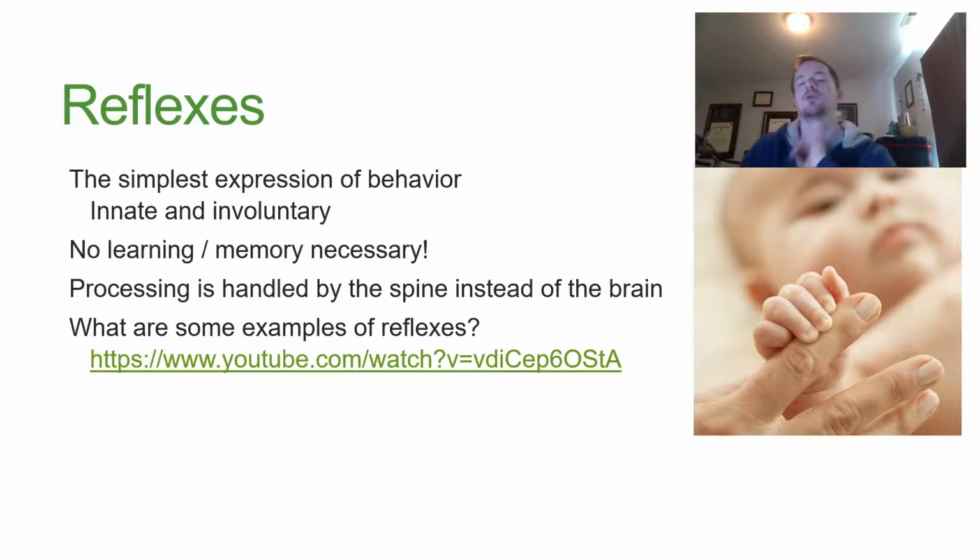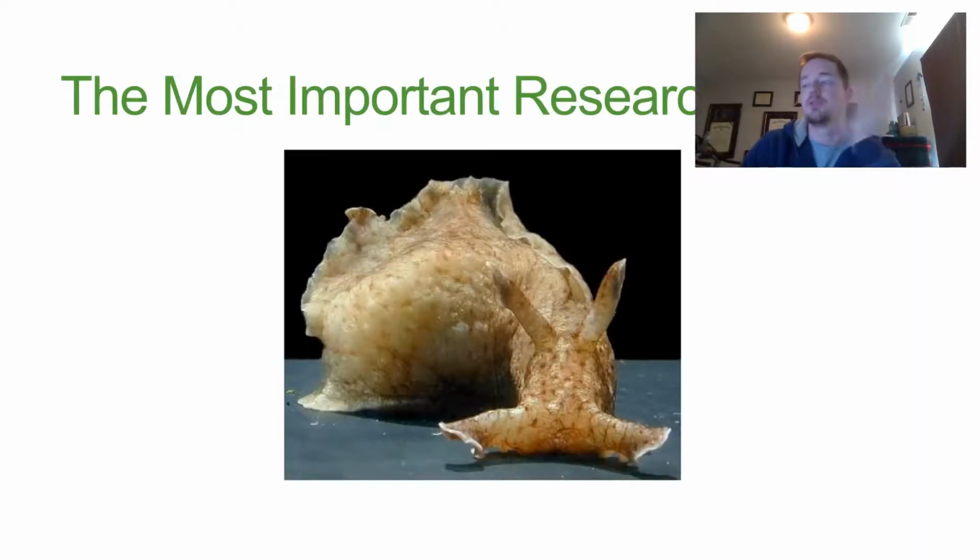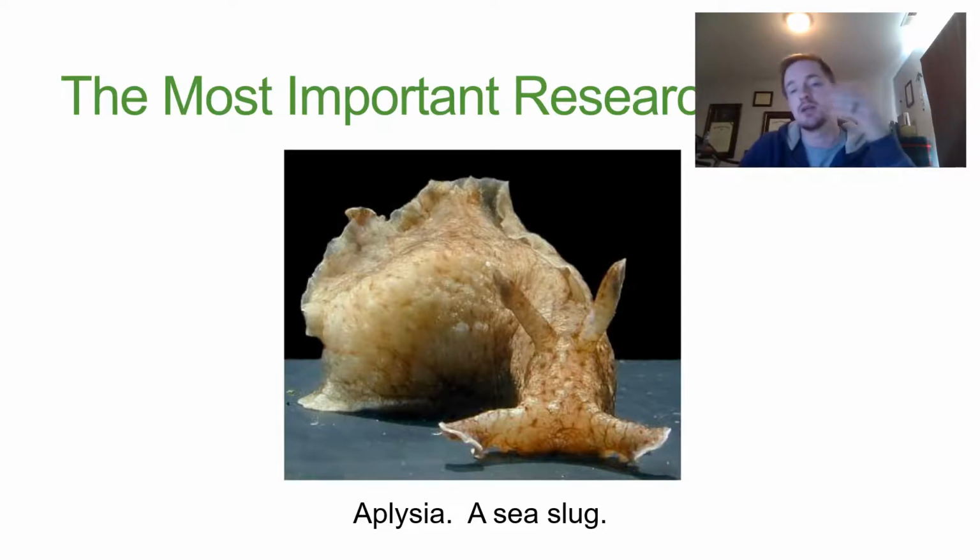Now, before we go too much further, next week we're going to be talking about an article featuring this guy right here, this disgusting, slimy sea slug. This is called Aplysia, and it is a sea slug, and the reason why a lot of the research that we're going to be talking about, some this week, a lot next week, comes from the sea slug is because they are very simple organisms.